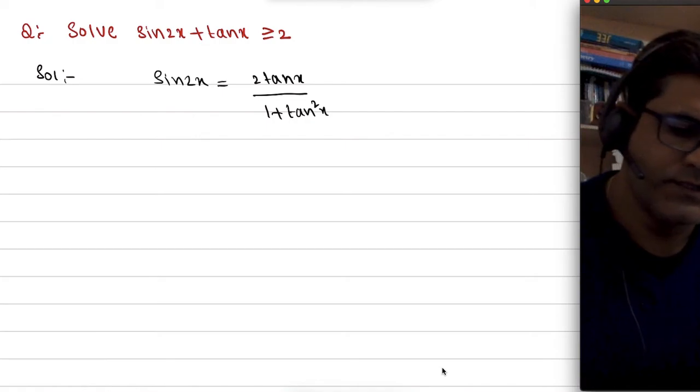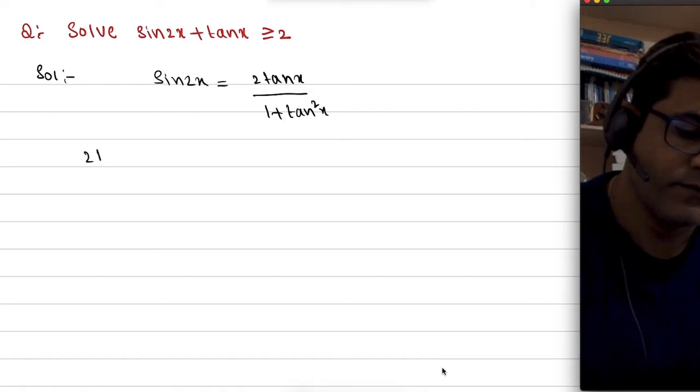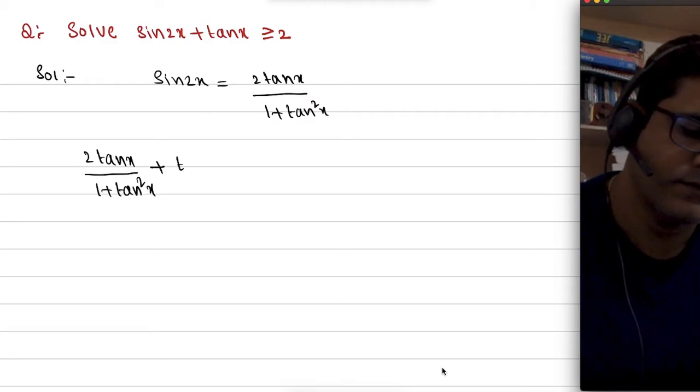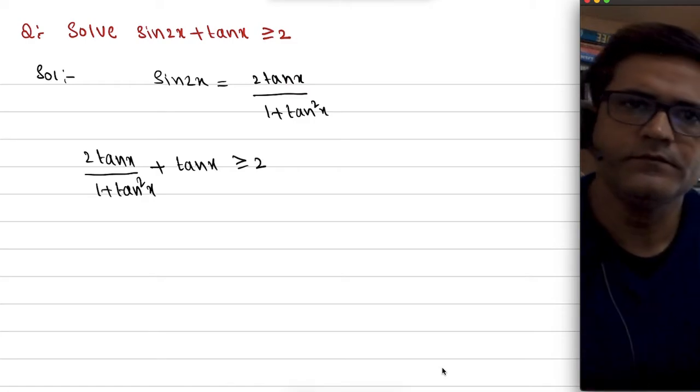Now substitute the sine 2x in that given inequality, then the inequality becomes 2 tan x over 1 plus tan square x plus tan x is greater than or equal to 2.